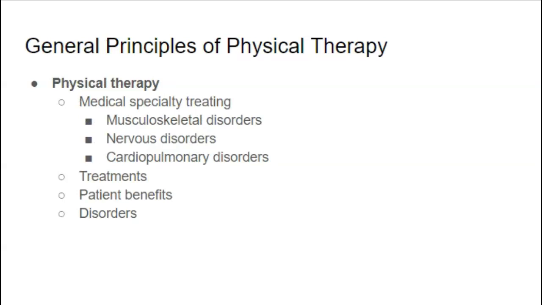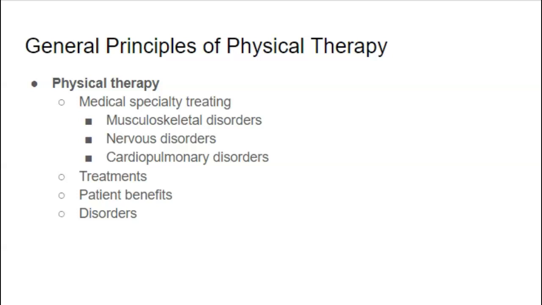So we look at the reasons why we might prescribe physical therapy or why it might be needed. There are definitely a number of musculoskeletal disorders: low back pain, knee pain, osteoarthritis, and multiple different kinds of back pain. There can be nervous disorders as well.